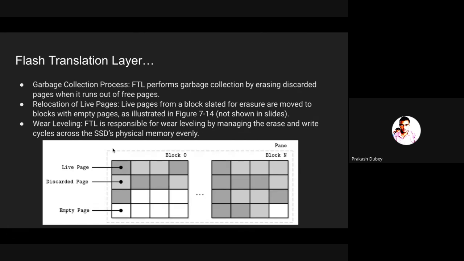That's where the FTL comes in, the flash translation layer, which tracks all these pages and copies the data from one block to another block. Once all the data is copied, it clears the block so that new data can come here. This way we avoid writing to the same page every time.